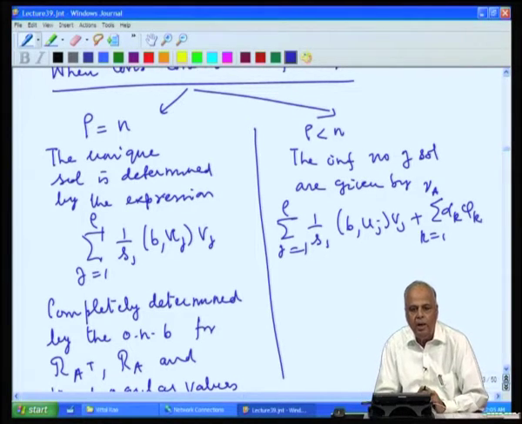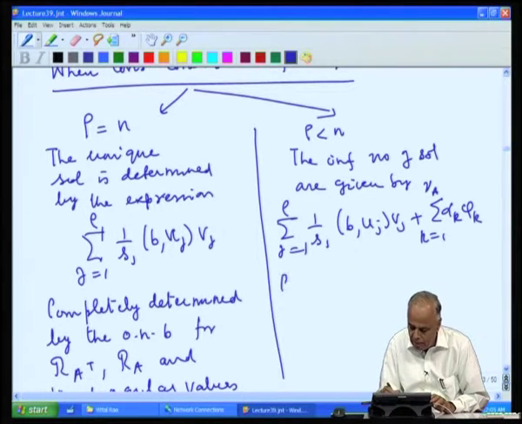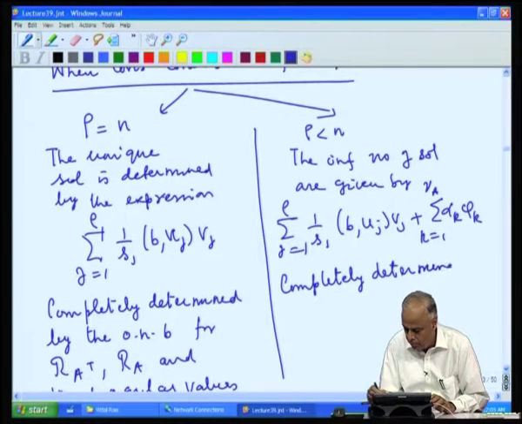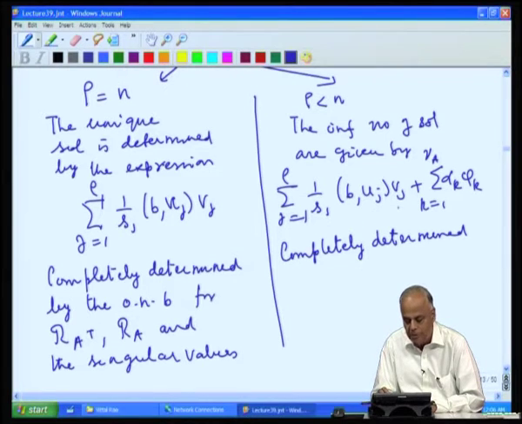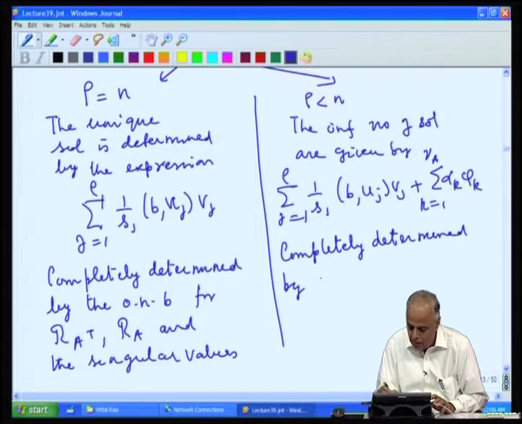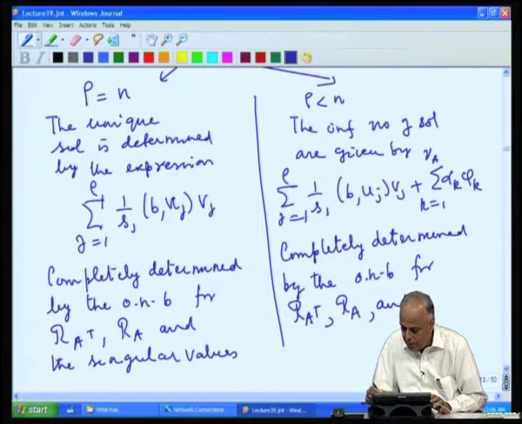By varying the alpha k over all possible real values, we get all the solutions of the system, and this is completely determined again by the u j's and the v j's, which are the basis for the range of A transpose and the range of A, the S j the singular values, and the phi k's, which are the basis for the null space of A. So, the orthonormal basis for the range of A transpose are the v j's, for the range of A the u j's, for the null space of A the phi k's, and then the singular values.